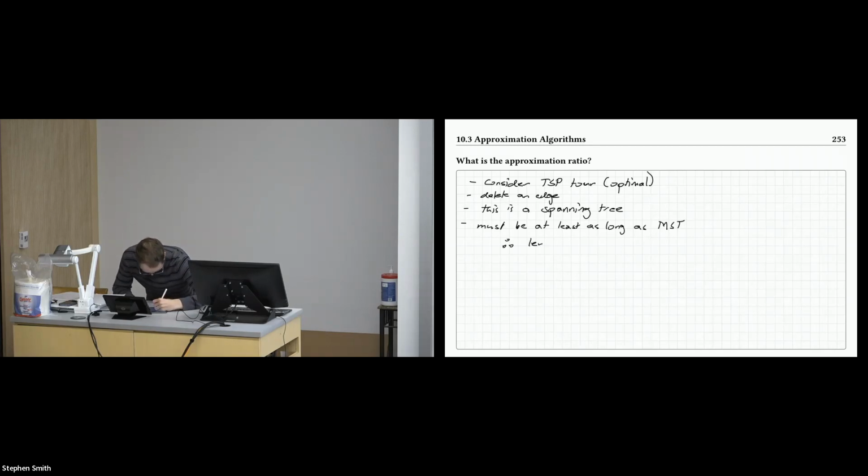And so I get the length of the optimal TSP has to be greater than or equal to the length of the MST.